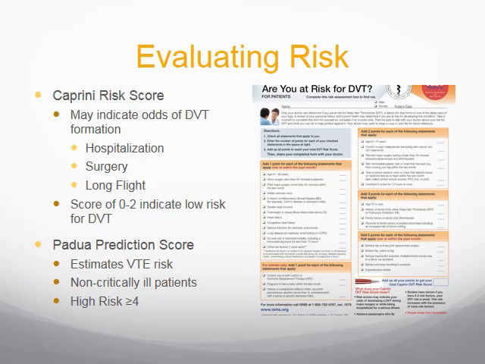The Padua prediction score, high risk is greater than 4. It runs along the same lines as the Caprini score, where you get a certain number of points for whatever you may present with. And again, it's not hard to get 4 points.